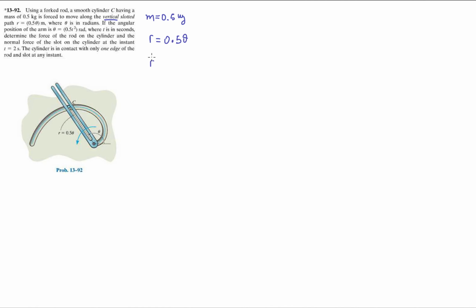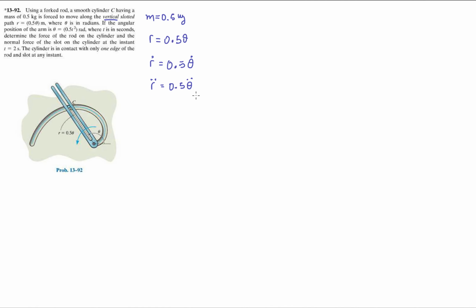Since they give me that already, I know my first time derivative, r dot, is 0.5 theta dot, and then my second time derivative, r double dot, is 0.5 theta double dot.